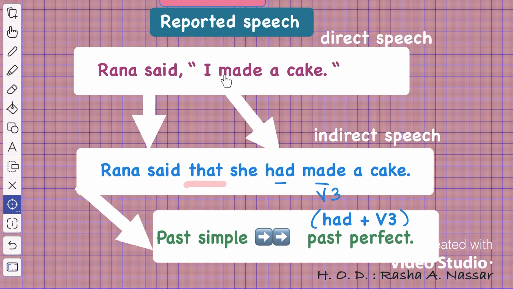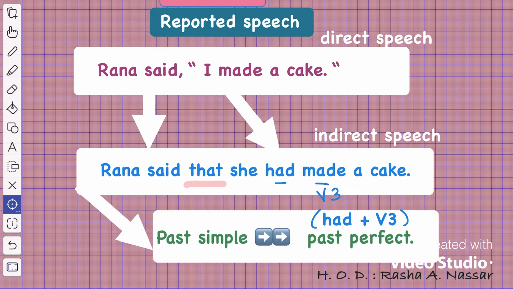Here I have the past. The past will be changed into past perfect. How can I form past perfect? Past perfect is by writing had plus V3.